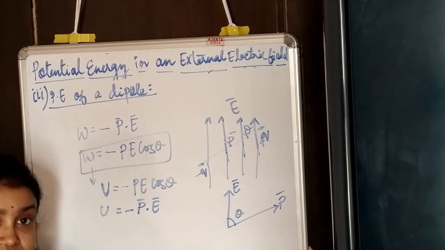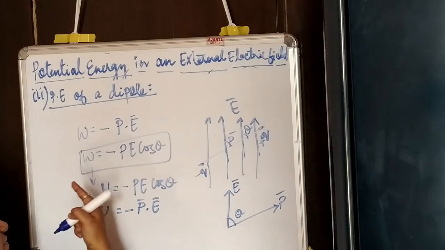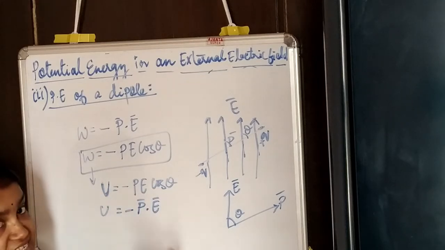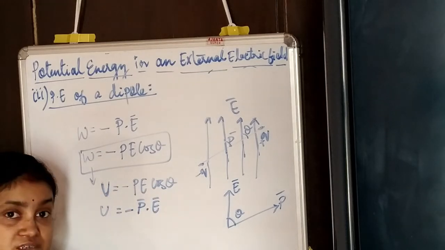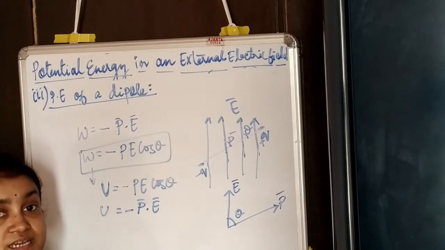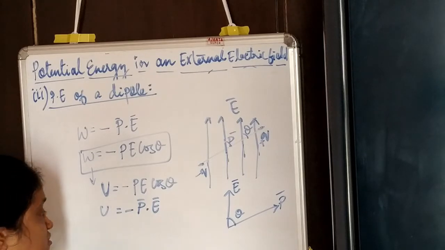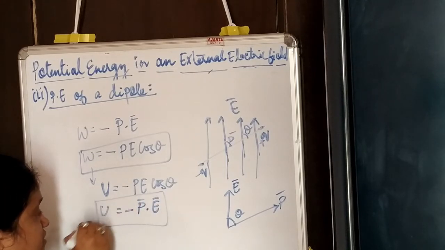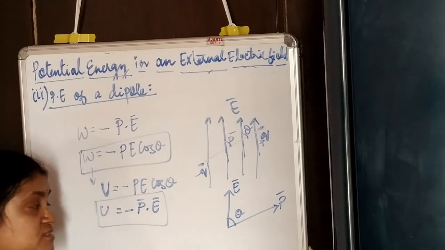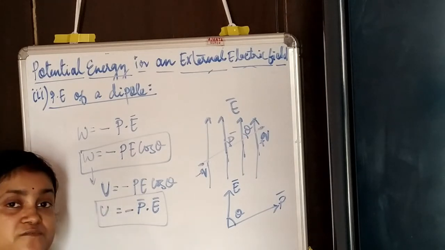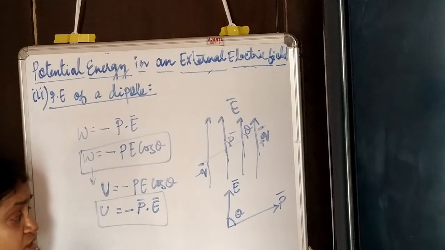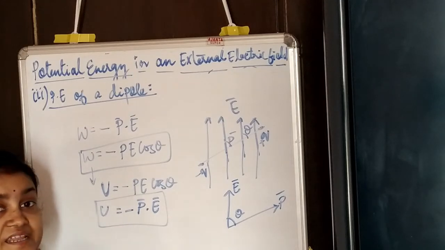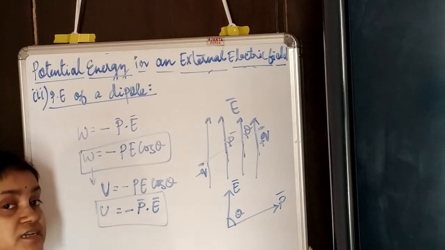This minus sign shows us that the work done is stored inside the field as potential energy. So the potential energy is given as minus P dot E for a dipole with dipole moment P in the external electric field E.